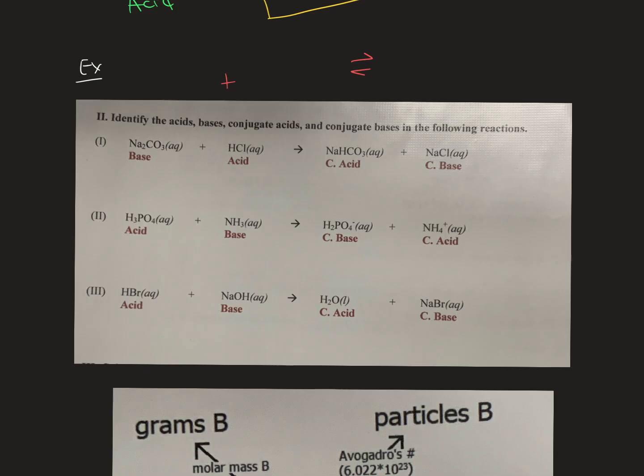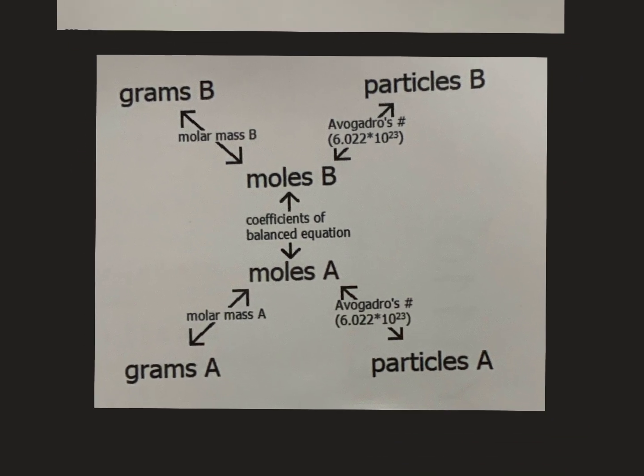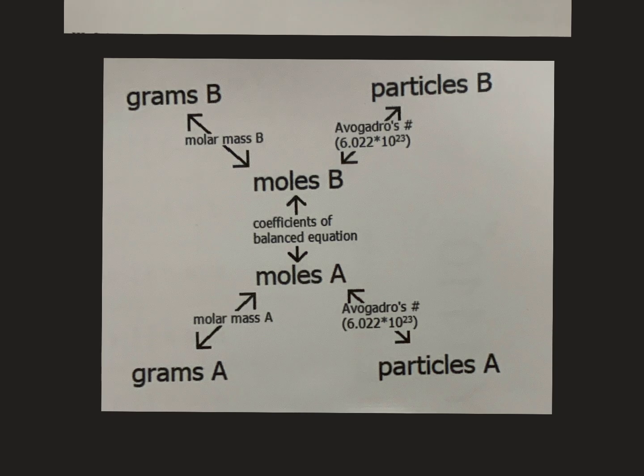Good? All right. You guys remember stoichiometry? Going from one substance to a different substance using dimensional analysis, with moles, grams, and all that stuff? What does A stand for? Whatever you want. Or we can have it stand for an acid.